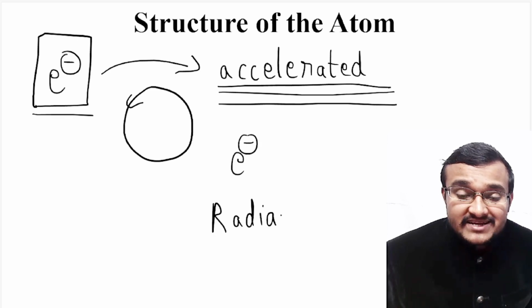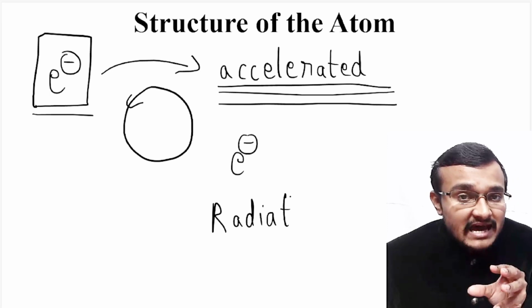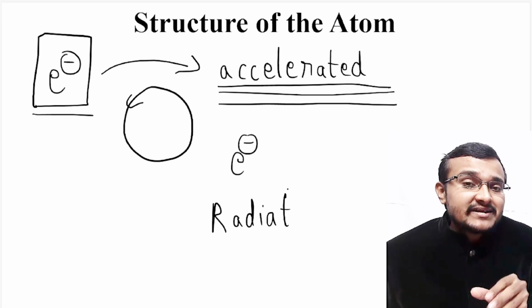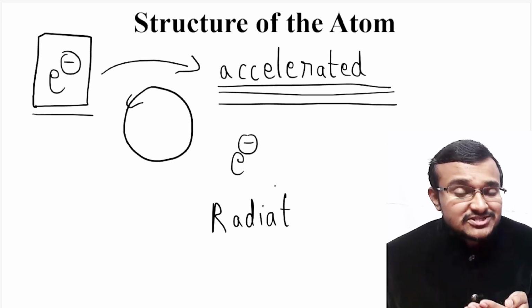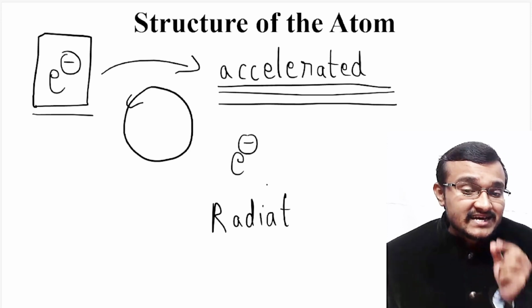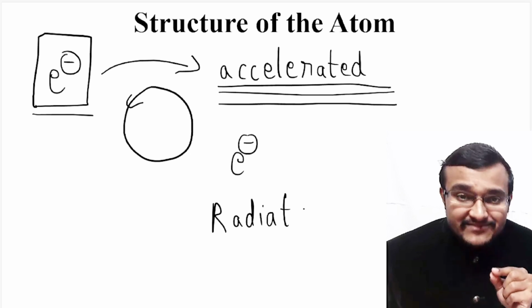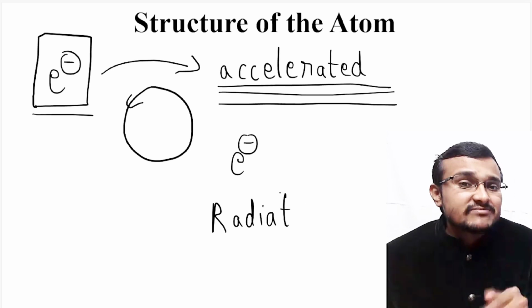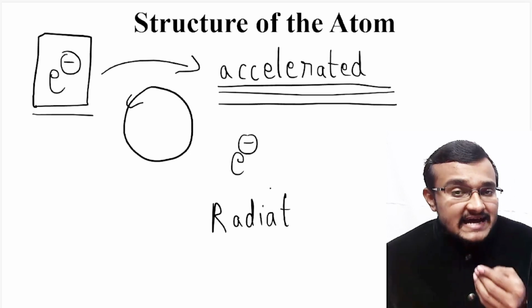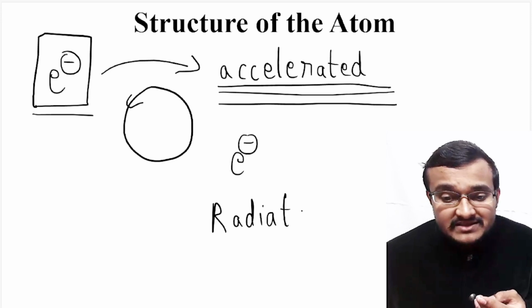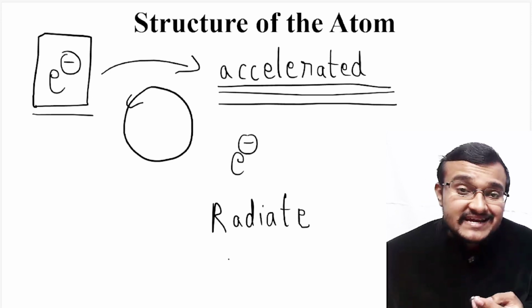That means whatever energy that particle has is emitted out through radiation, which leads to the loss of energy in that particle. So here the electron is a negatively charged particle, and when it moves in a circular orbit, it must accelerate. When there is acceleration for a charged particle, it has to radiate its energy.